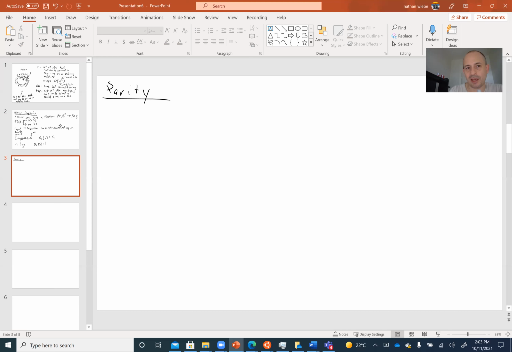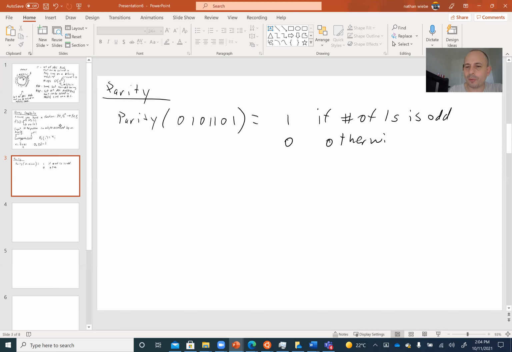The idea of parity is that the function parity of some bit string, say 0, 1, 0, 1, 1, 0, 1, is equal to 1 if the number of ones is odd and 0 otherwise. Another way of more concretely putting it is that parity of some bit string B is equal to the sum over the individual bits in the bit string mod 2.